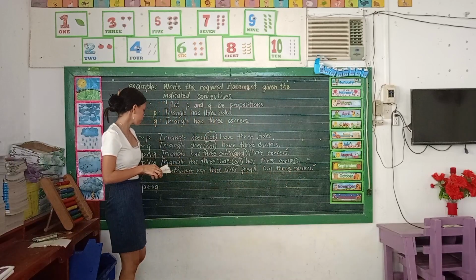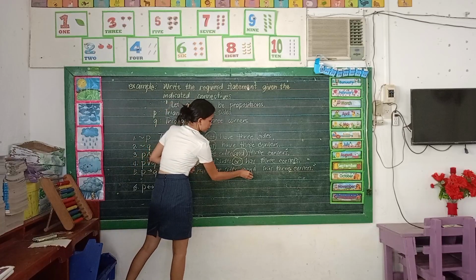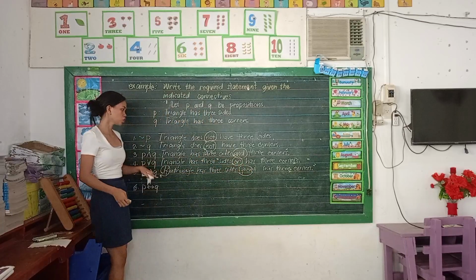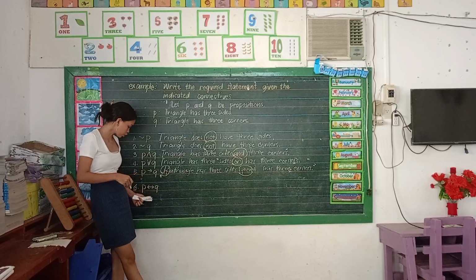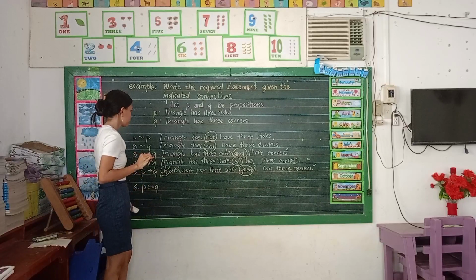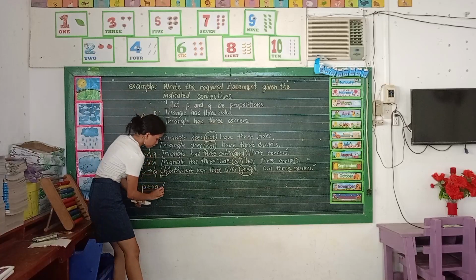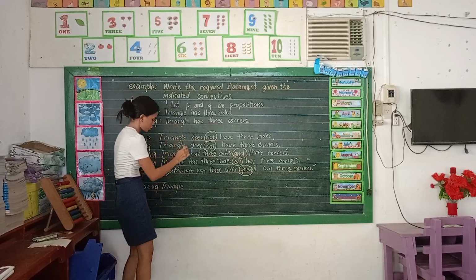Our connectives here are the words if and then. That is for the conditional. Lastly, for the biconditional, the if and only if statement, we are going to rewrite statement P. First, the triangle has three sides.